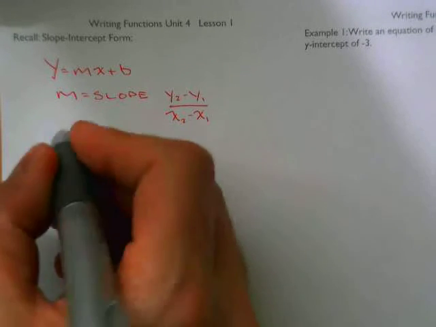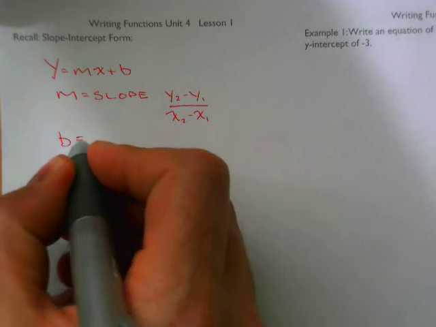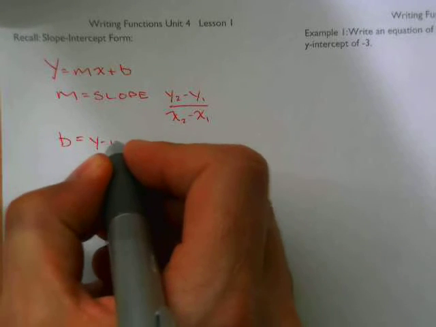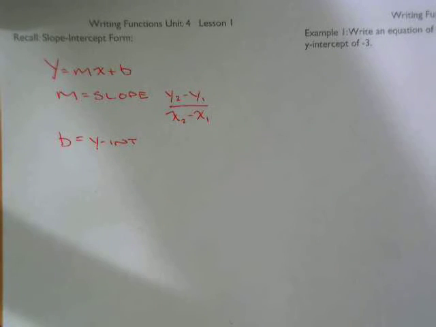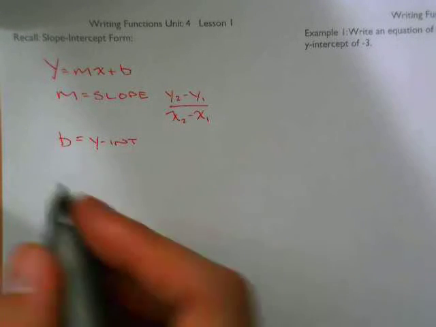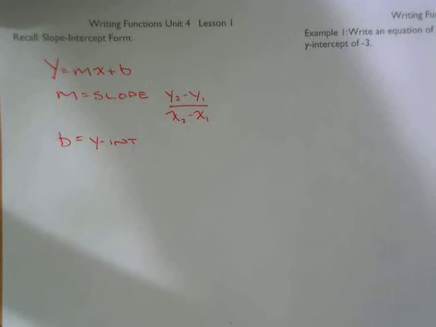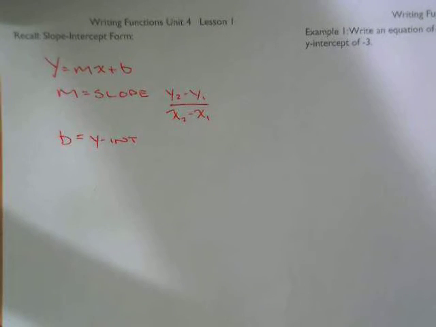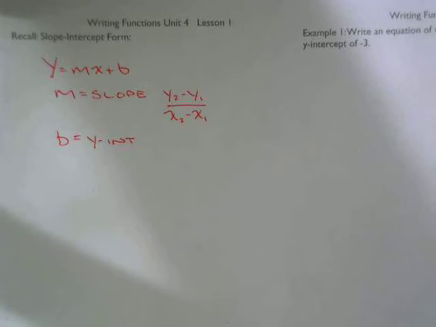And then b stood for the y-intercept, where the graph crossed the y-axis. And x and y wound up being any coordinate along that line. And so today, our objective would be to write equations in slope-intercept form given some information.